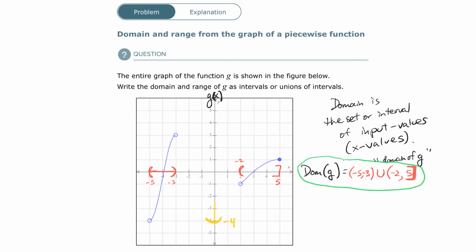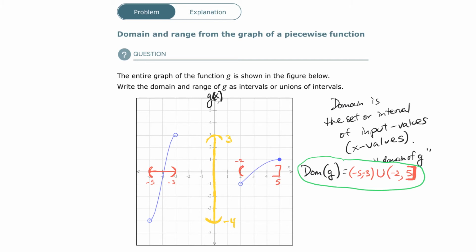If it helps, maybe rotate your head 90 degrees to your right. You're just turning the paper, and then you see the y values, or the g of x values, and you have to figure out when the y values stop. The y values are going to stop here. Once again, parenthesis, and we don't include 3.